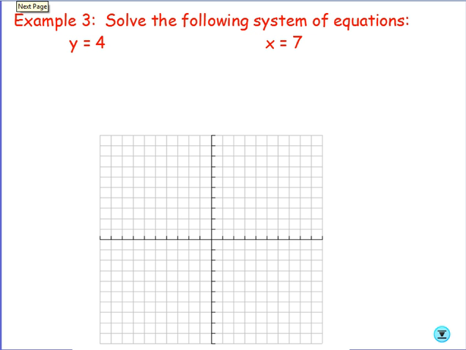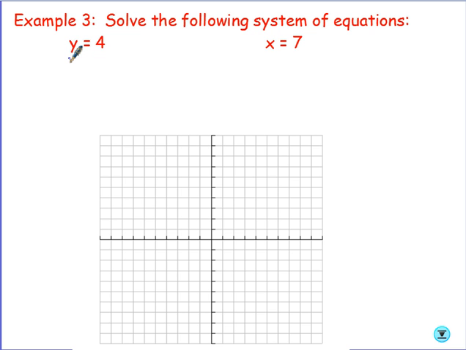Okay, so let's see how you did. Hopefully, you didn't let these frustrate you. These are graphs you need to be quick to recognize. If I look at this first equation, y is by itself. However, it is only the letter y. There is no x.